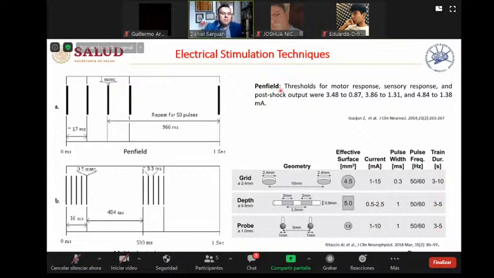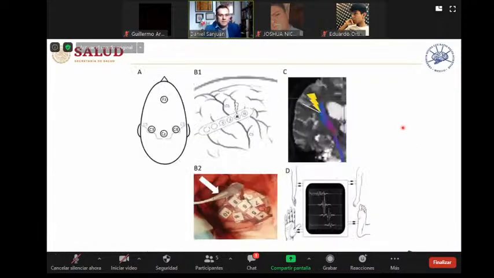And you can see in the Penfield technique, the thresholds to induce the motor response is using only 3 milliamperes, or the sensory response using similar 3.8, or the post-shock output using 4.8 milliamperes usually.